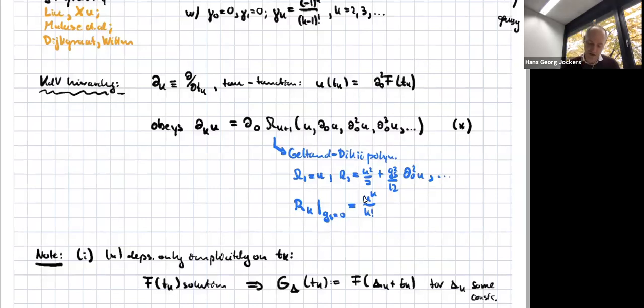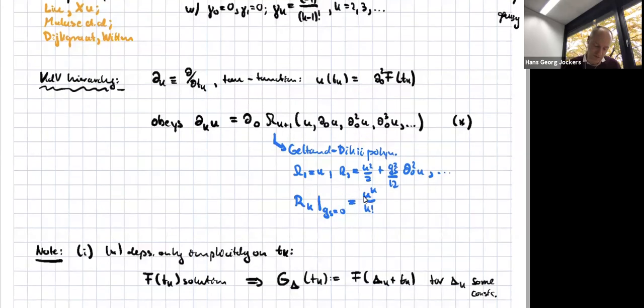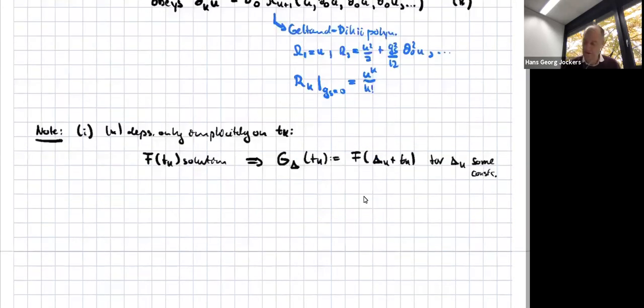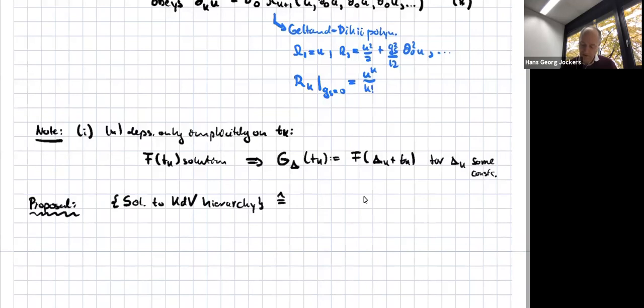So this allows me now to actually phrase the proposal, or one of the central proposals we make in this work. So we propose that the space of solutions of the KdV hierarchy corresponds to JT gravity deformations.